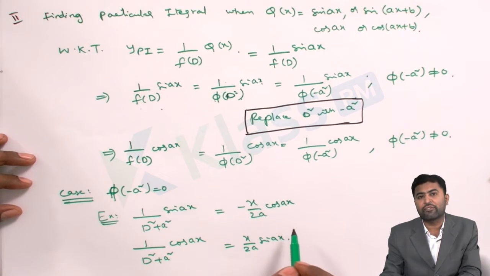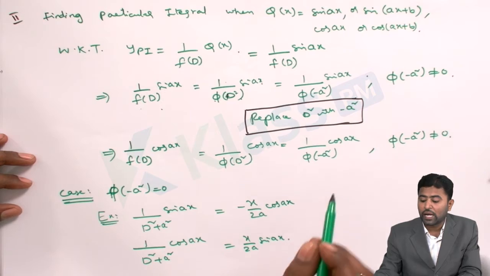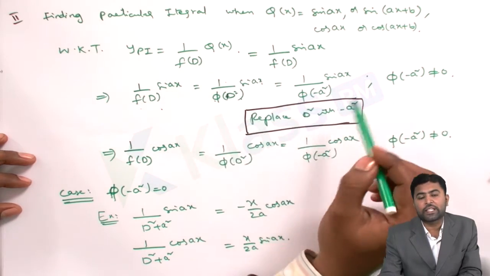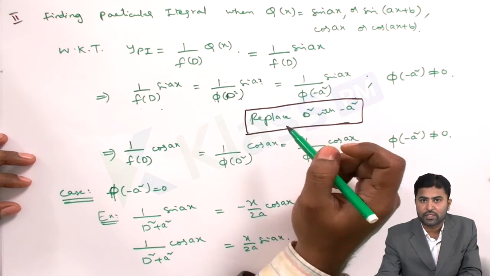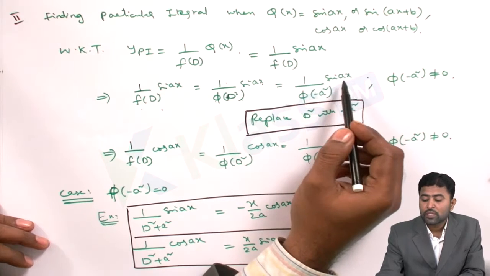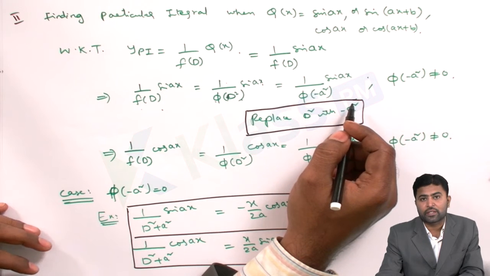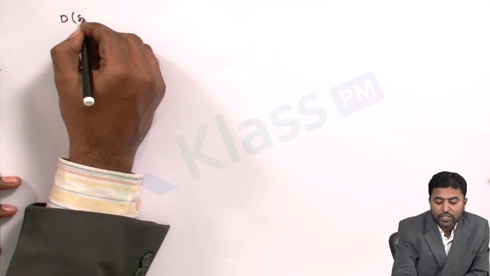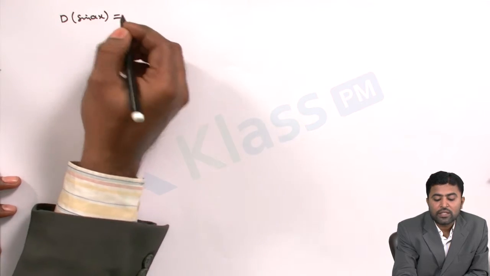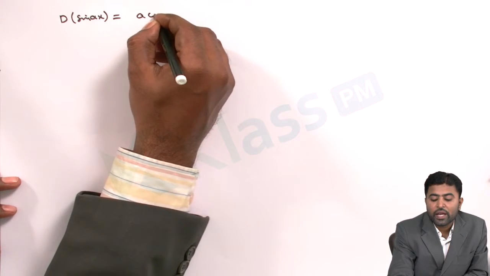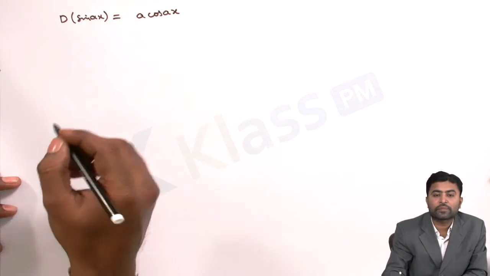I'll show you how we get these formulae and why I am replacing D square with minus a square in this case. If you observe, if I differentiate sin ax once, I get a cos ax.